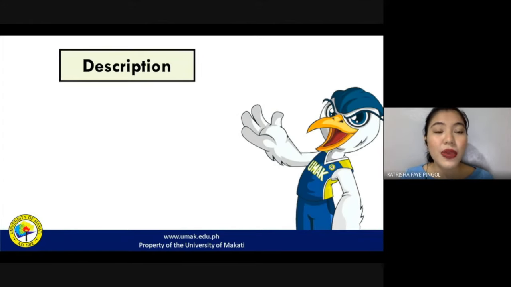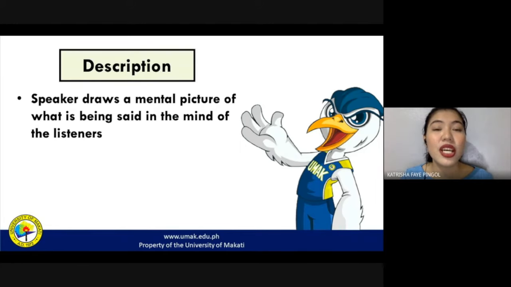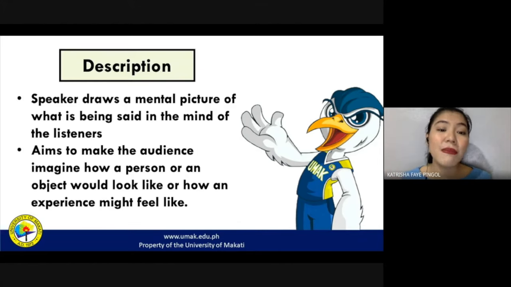Last but not the least, we have description informative speeches. Now, this kind of informative speech is a type of public speaking engagement wherein a speaker draws a mental picture of what is being said in the mind of the listeners. You are trying to make them imagine. You would make the audience imagine how a particular object or a particular event or an experience might feel like by giving descriptions.